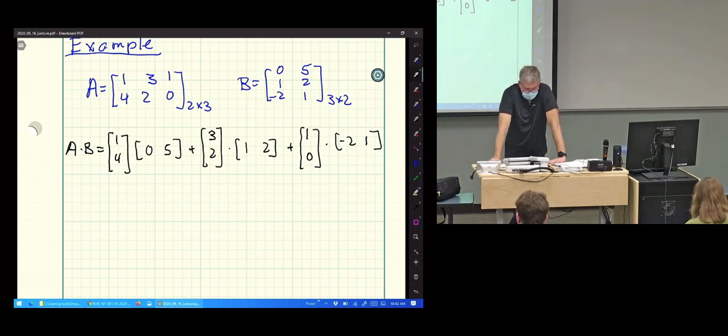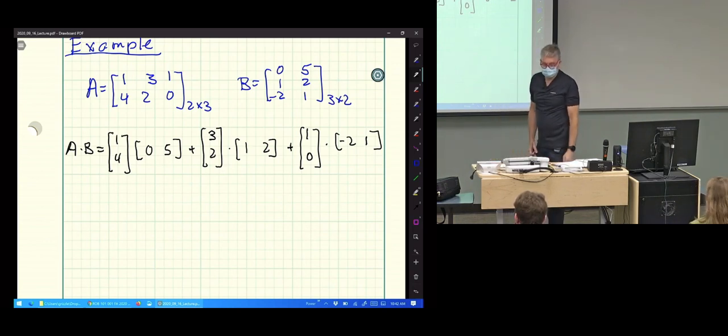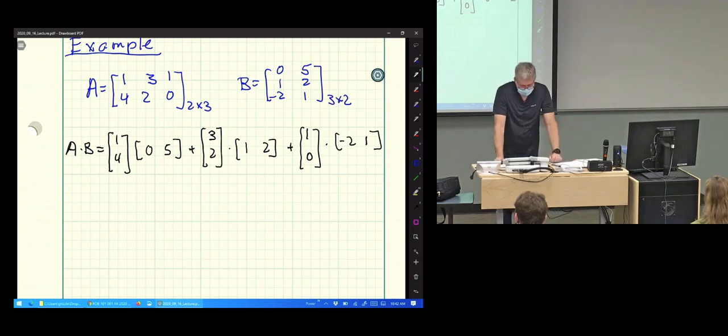They're 2 by 1s times 1 by 2s. 2 rows, 1 column times 1 row, 2 columns.